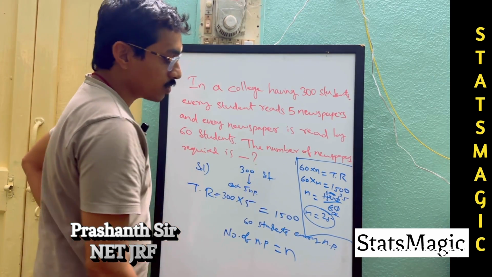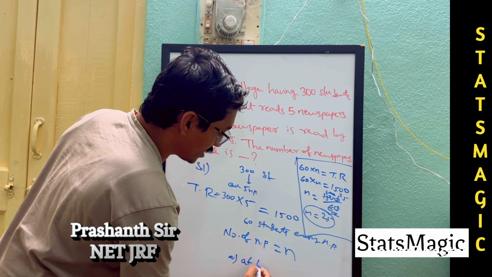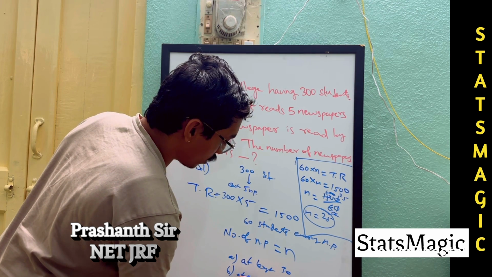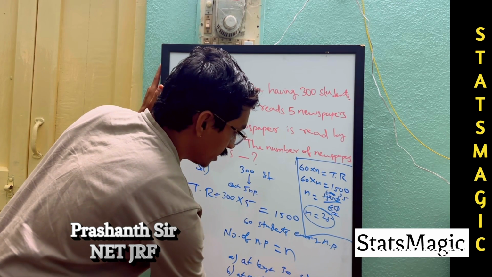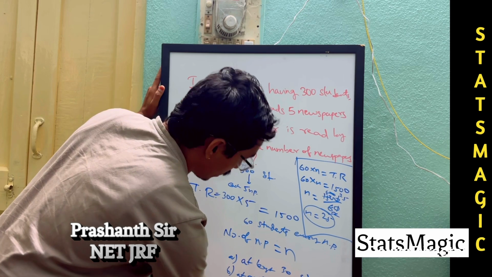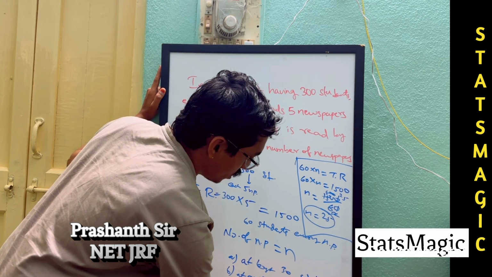This is exactly 25. So the options they are giving, like option A at least 30 newspapers, or B at most 25, and option C, let us say something like 10 newspapers, and option D exactly 10.